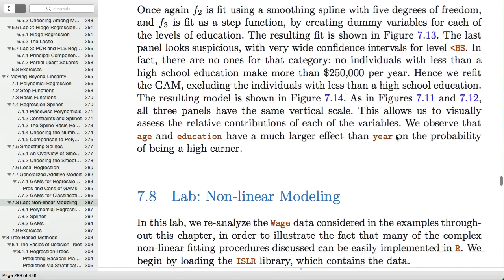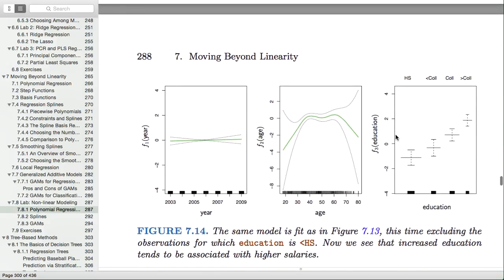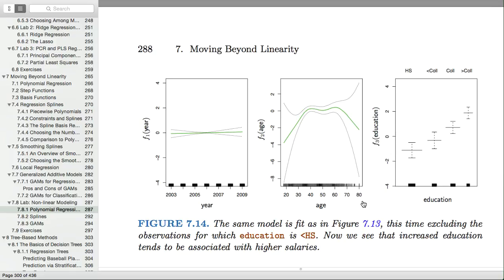So for this later example, this is roughly the same thing, but they've removed all observations where education is less than high school, and I think this results in the most intuitive representation of what I expect to be the effect of education. The effect of education isn't as wild as it is in the previous two. So I think that this works out to be a more convincing model for education.